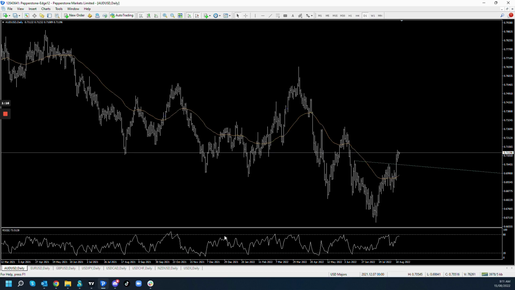When we come and have a look at the majors, we've got the Aussie dollar, this little inverse head and shoulder pattern with the neckline, broke that on Wednesday over the US inflation data, and the commodity markets are still quite strong as well. So we're seeing a fair bit of interest in the commodity currencies, and I would expect that to continue.